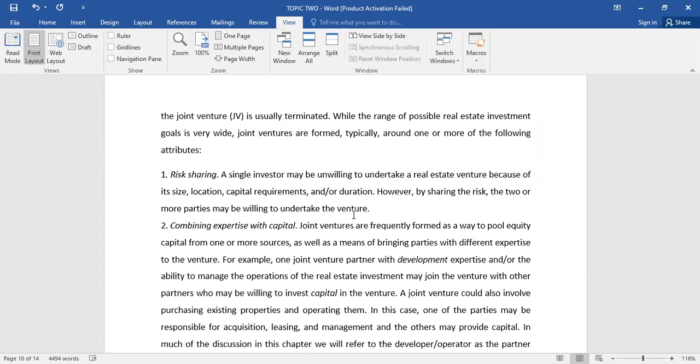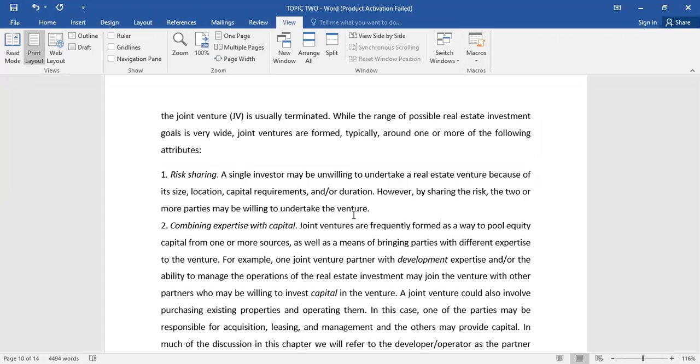Now, these are some of the merits. Risk sharing. A single investor may be unwilling to undertake a real estate venture because of its size. Some because of the location, it could be lying in a very cold market or a hot market. Some because of the capital requirement and maybe duration.